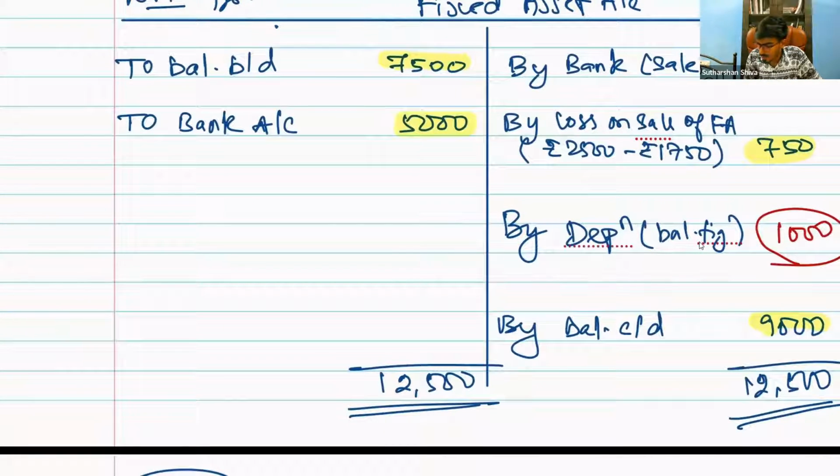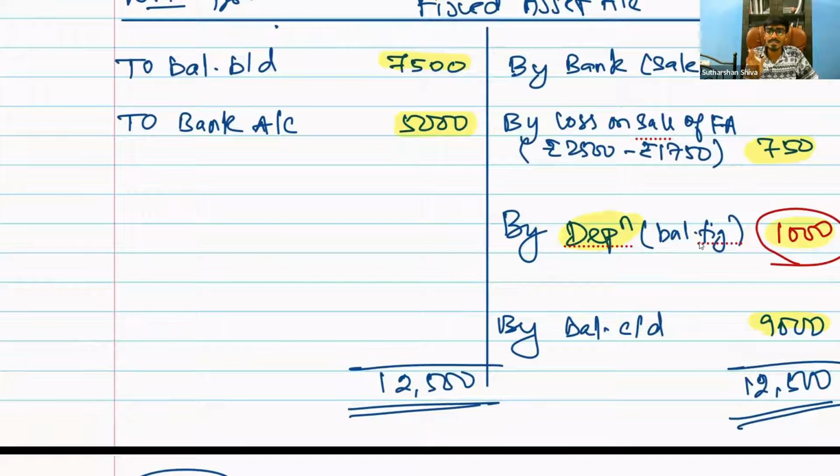So your depreciation value is a balancing figure. Don't expect them to give the percentage value. Without finding out the percentage, you are finding the depreciation value. It is not necessary that in the question they give you a percentage value for the depreciation.